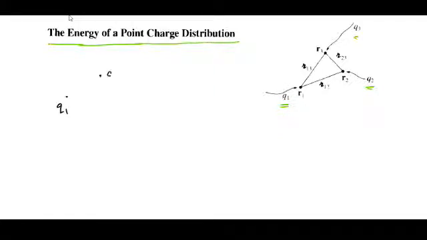Q1 is here, Q2 is here, and Q3 is here. Q2 is at a distance R12, the charge Q3 is at a distance R13, and Q2 and Q3 are at a distance R23. To assemble the point charges into this configuration, how much work has to be done? That is our question. Okay, now let us proceed. Let me write this question.